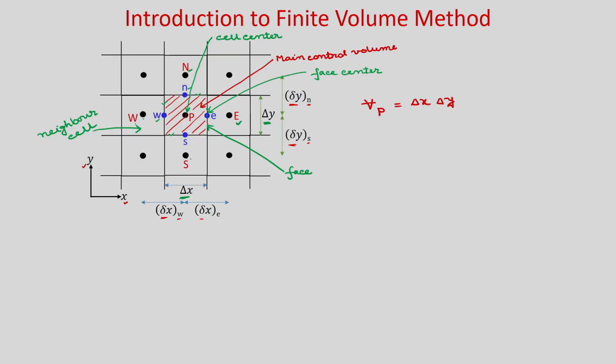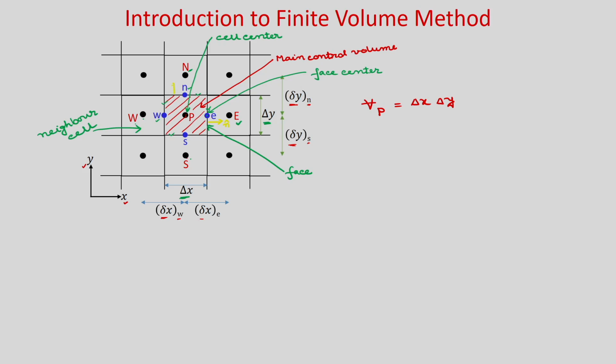Now we have 4 faces and each will have a surface vector. In finite volume method, we always use the normal which is outside the control volume as positive. So, in this particular case you can see the face normal is always denoted as positive, which is outward.